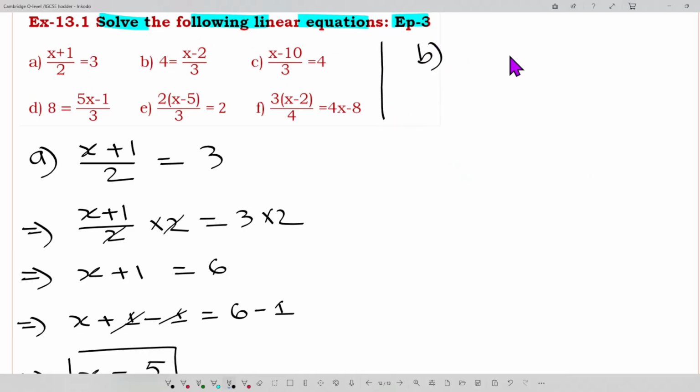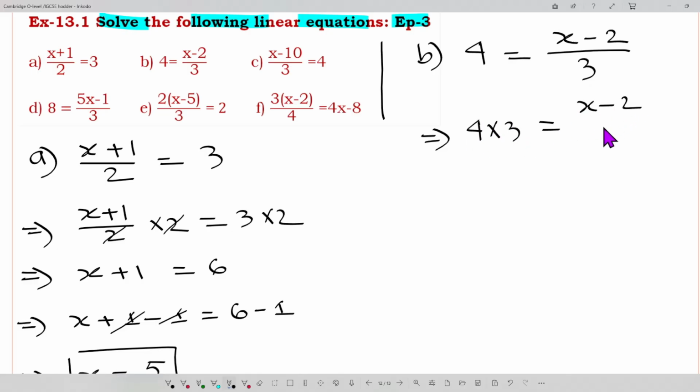Number B, we can write in here. Here is B: 4 equals (x minus 2) divided by 3. So we can multiply both sides by 3. So 4 times 3 equals (x minus 2) by 3 times 3.